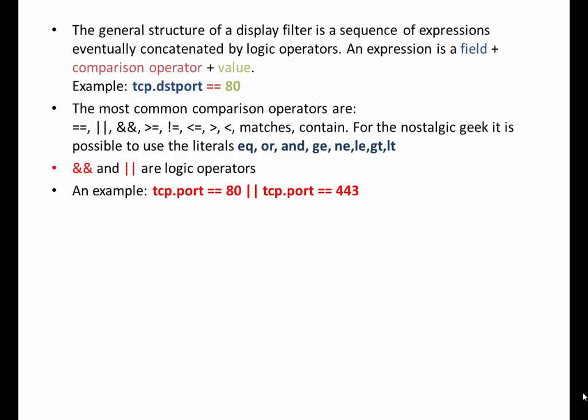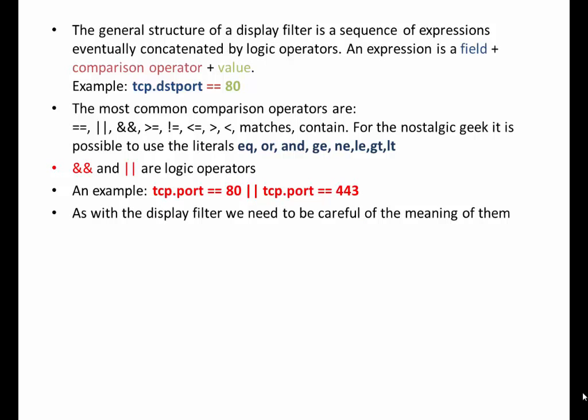So this is an example: tcp.port == 80 or tcp.port == 443. This will capture all the traffic to and from port 80 and to and from TCP port 443.